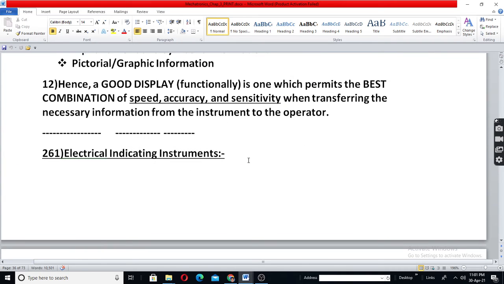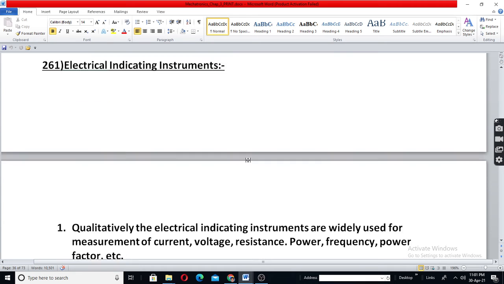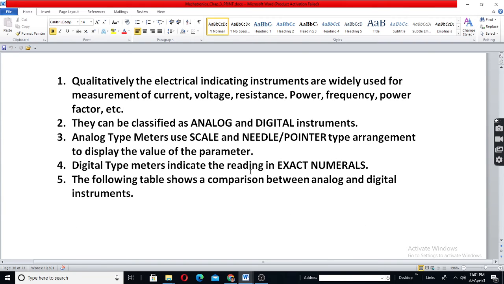Now we discuss electrical indicating instruments, ammeter, voltmeter, etc. And mainly here we see analog and digital instruments. Analog instruments use a scale and a pointer or needle.